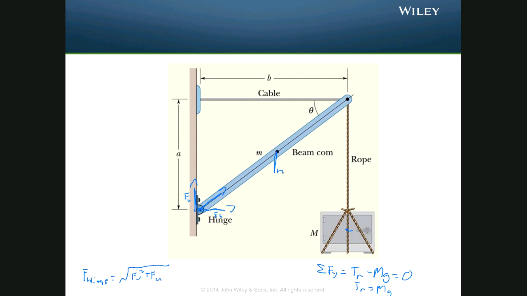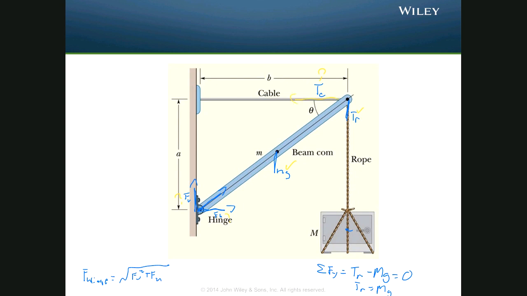We have tension of the rope and tension of the cable. So we found the tension in the rope. Mg is known. This is a question mark. This is a question mark. And this is a question mark, right? And the tension will be this way.